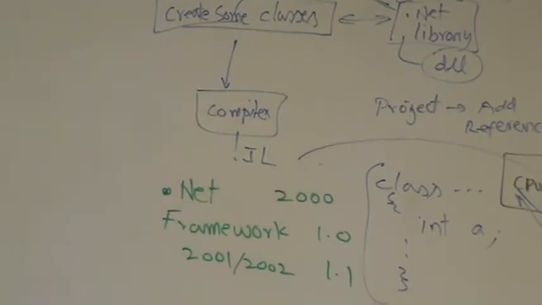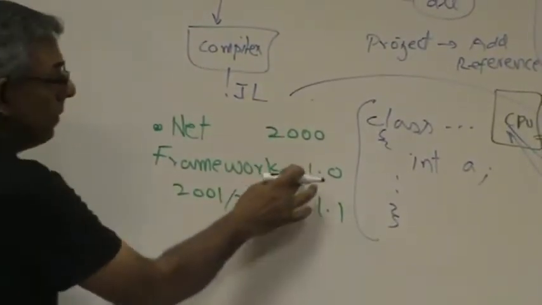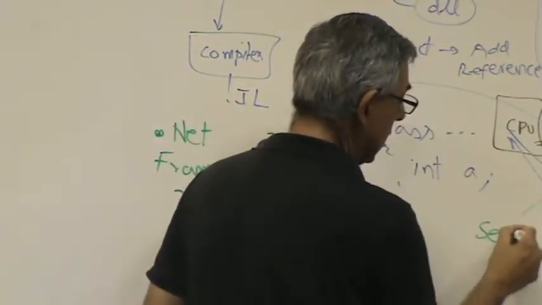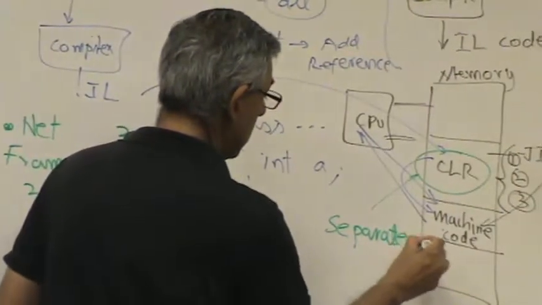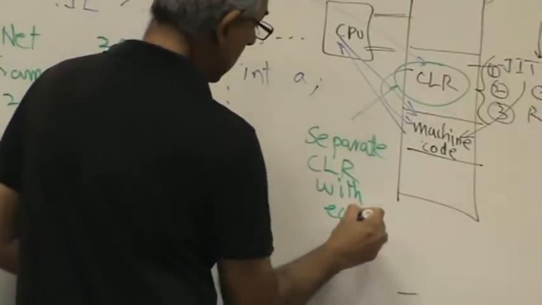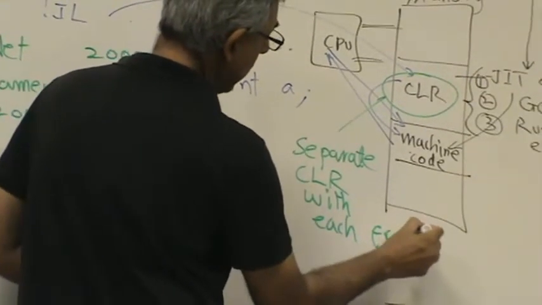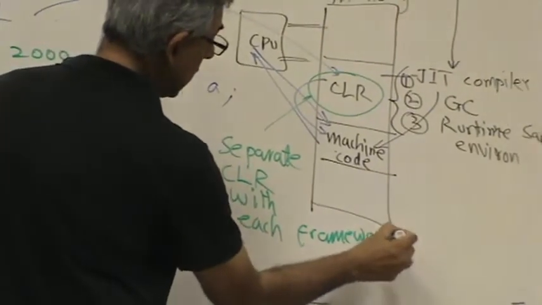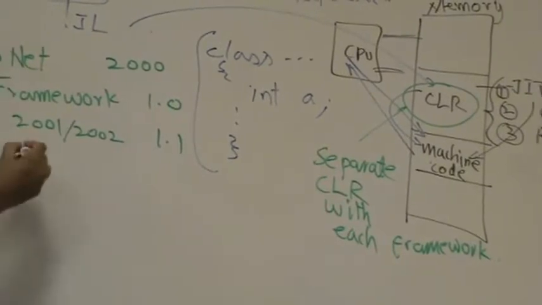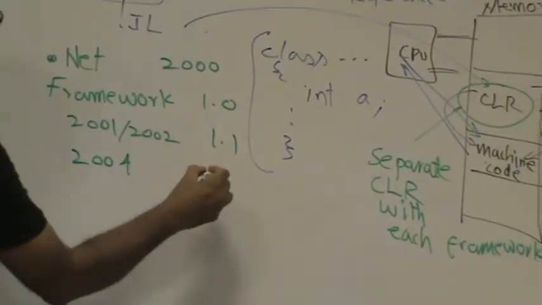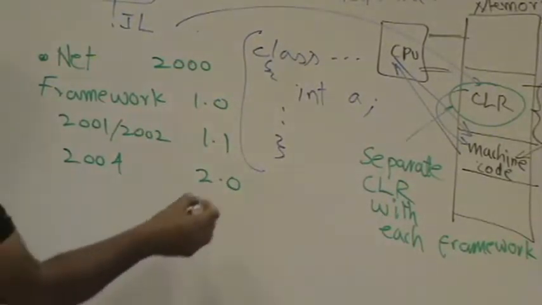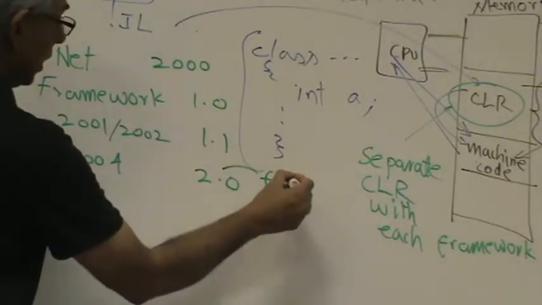They called it Framework 1.1. With every framework, there's a separate CLR. And every couple of years, they keep improving it, keep introducing new frameworks. So for example, around the 2004 time frame, it was framework version 2.0. So this is again the framework version.